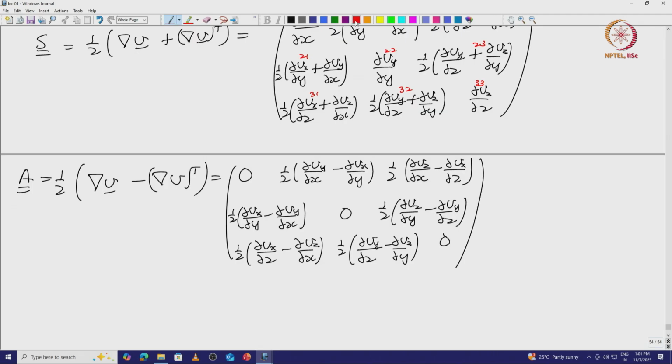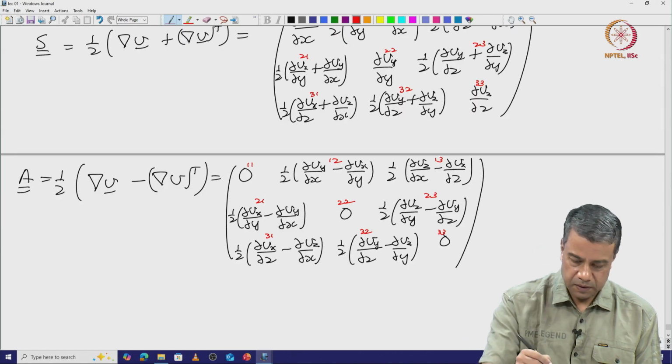So, I will just write the components again for you. The diagonal elements are all 0 and the off diagonal elements are opposite in sign to each other.